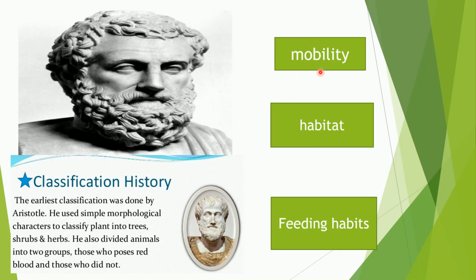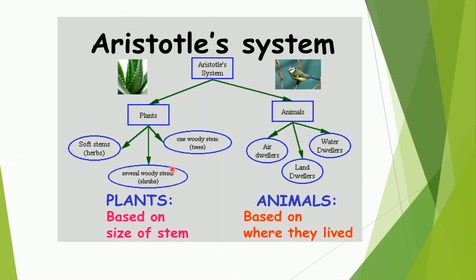The mobility, whether they are able to move from one place to another, then the habitat, the place where they live, and then their feeding habits. Depending upon this, Aristotle first classified all the living organisms. But his classification had majorly two groups: one, the plants, and the other, animals.